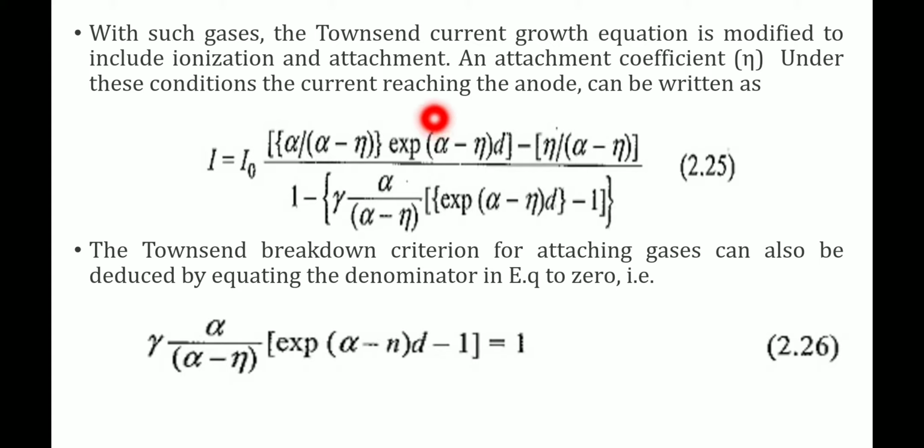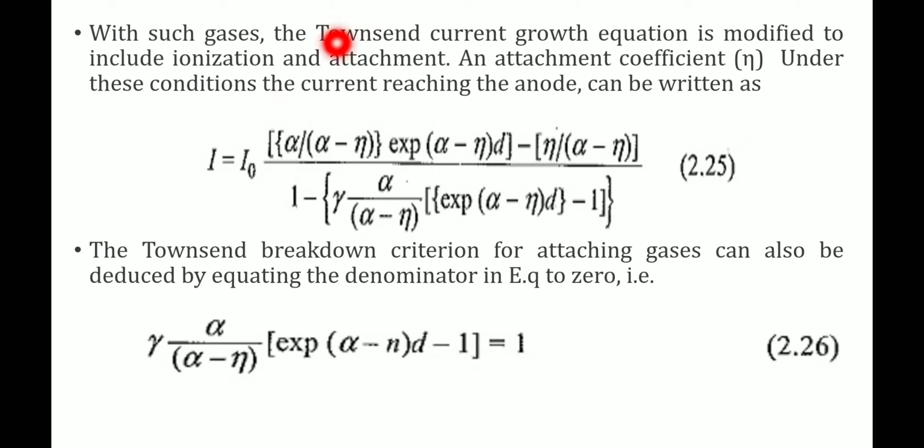And one more symbolic representation, that is eta. So this is called the attachment coefficient. Keep it in mind. So there are three coefficients that we have considered. The first one is alpha, the second one is gamma, and the third is the attachment coefficient, represented by eta.